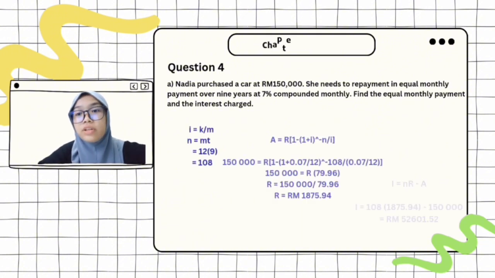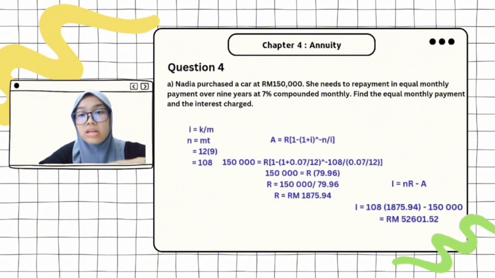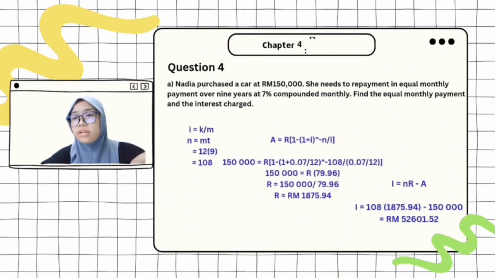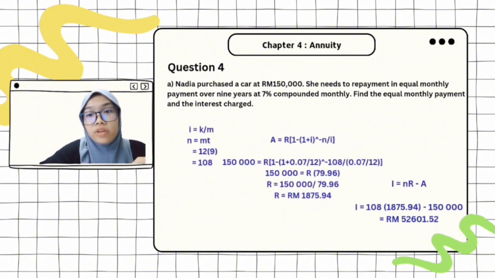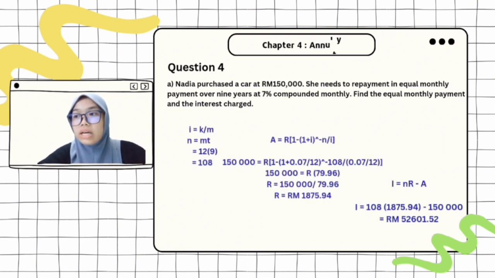For the interest charge, we use I equal to nR minus A, where n equals 108, R equals 1,875.95, and A equals 150,000. When we put every number into the formula, we get I equal to 52,601.52. And that's how we calculate question 4A.